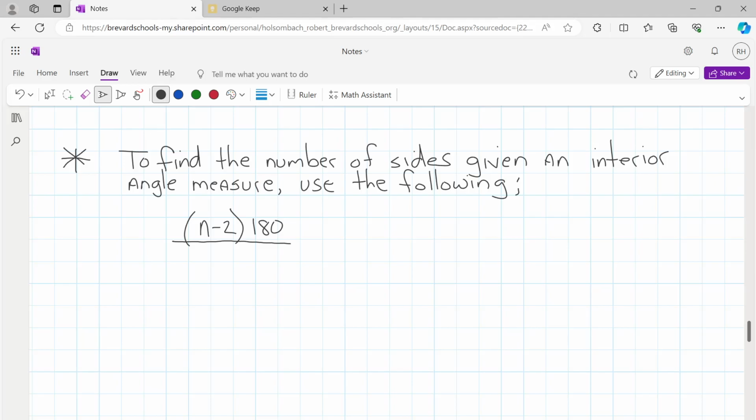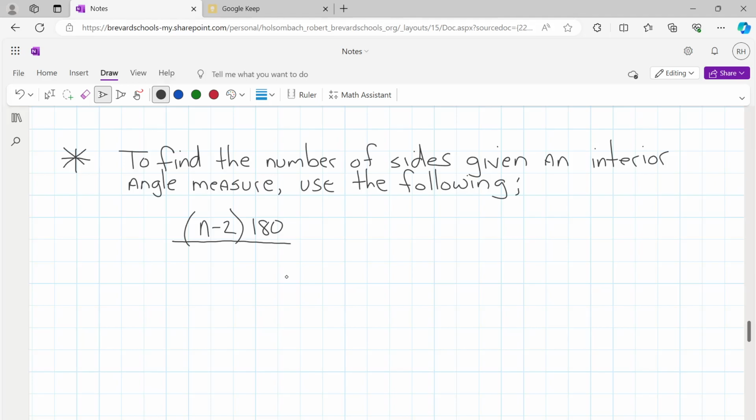now one of the key words in this question was regular polygon. You can only use this when you're dealing with regular polygons. And if you remember, regular polygon means that all the interior angles have the same measure, and all the sides are the same length.